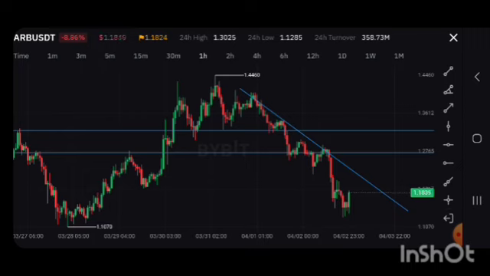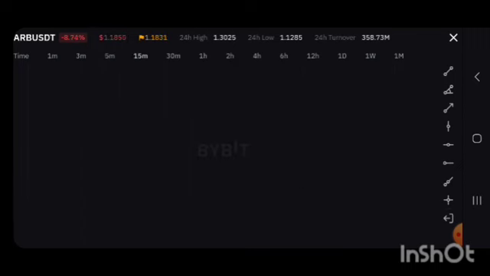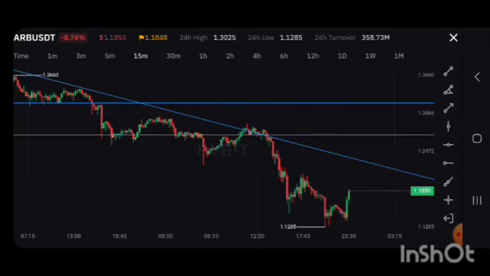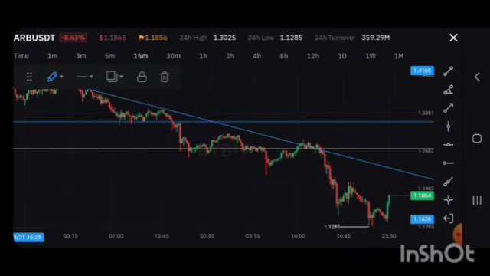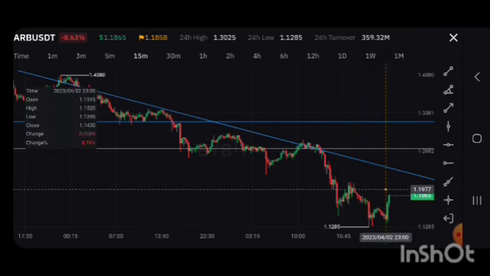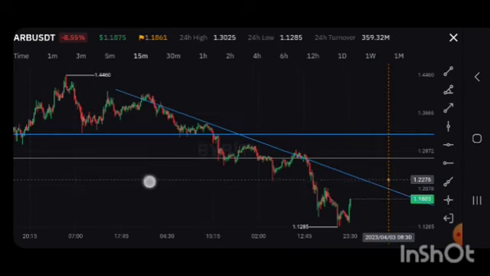Now if we go to a lower time frame, let's go to like the 15 minutes time frame. You can see the price is pumping, so all I need to do is to be patient enough. Just wait for it to hit this blue line, that is the trend line that is coming down. Once it hits this trend line, then I'll be looking for a good entry position to short the price, to short the market, and I'm going to be selling, right?